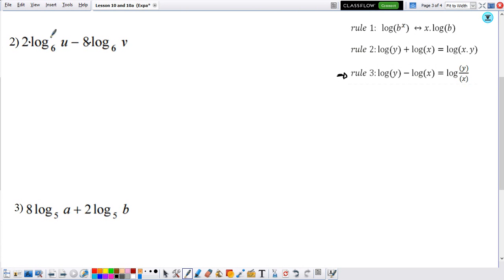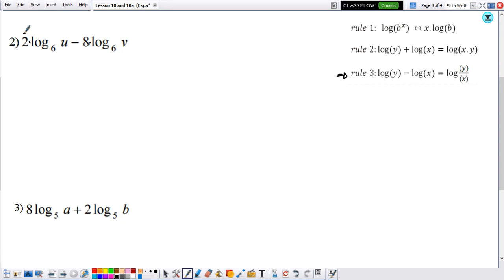Here we have a 2 in front of this logarithm, and here we have an 8 in front of this logarithm. So first, we need to apply rule number 1, because rule number 1 says if we have a number in front of the logarithm, we can just bring it as an exponent, which is basically the opposite of what we were doing in our previous videos.